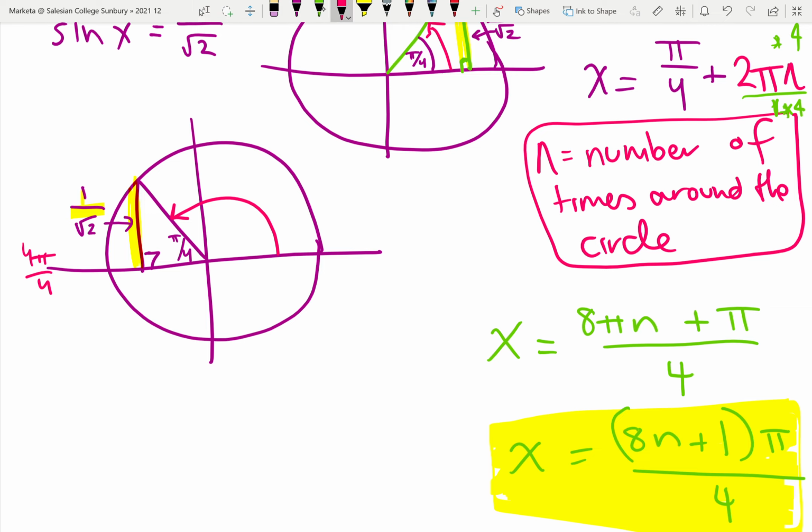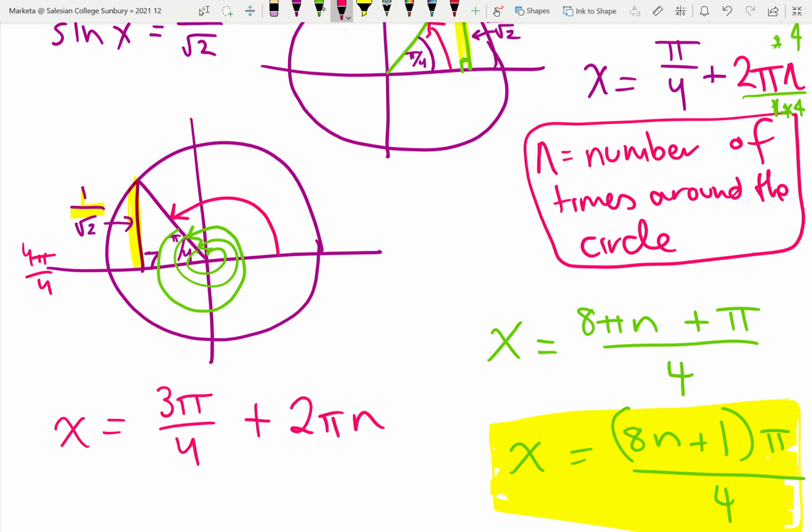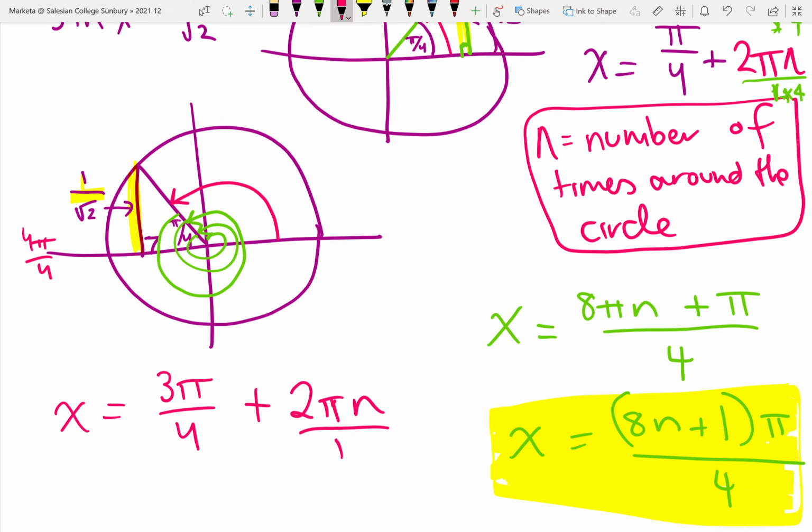So here I'm going to say x equals 3 pi on 4. And if I wanted to get back to that same place, I would add 2 pi, or I could add 4 pi, or 6 pi, or 8 pi, etc. So I'm going to say plus 2 pi n. And once again, let's make it look neat.